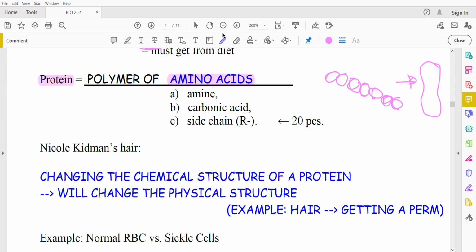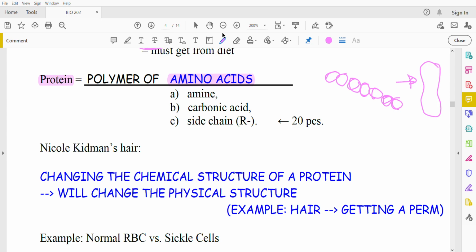At the time, and this I guess shows how long I've been teaching, Nicole Kidman was probably the biggest star in Hollywood, and I think she had just gotten a perm. If I'm not mistaken, her hair is not normally straight, and this perm was a big deal, and that's why she was on a textbook associated with proteins.